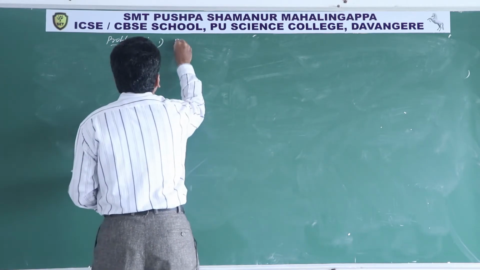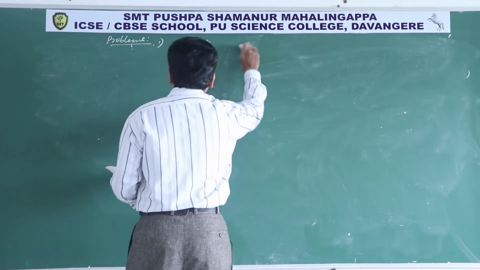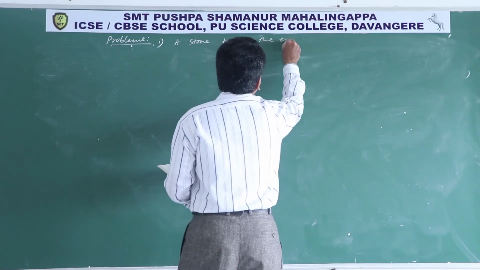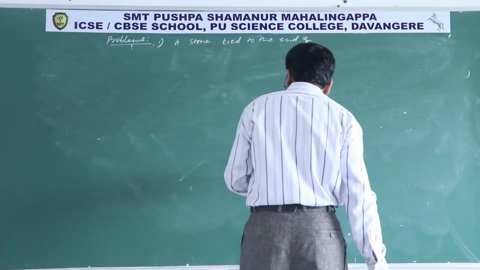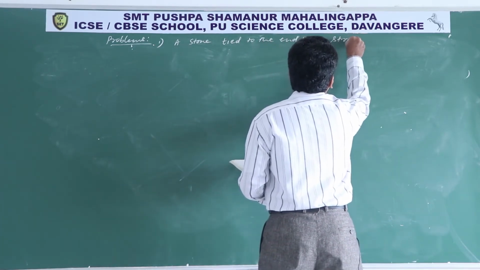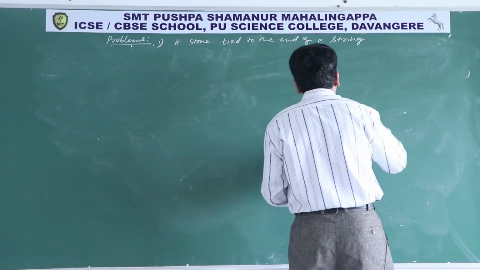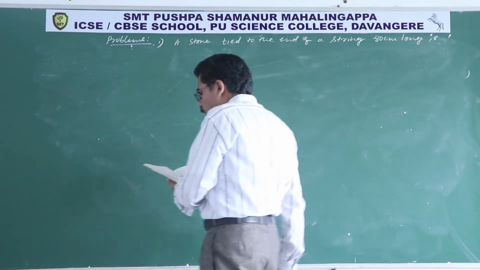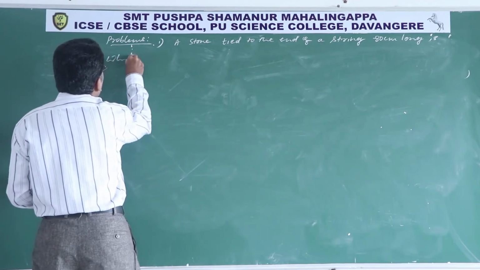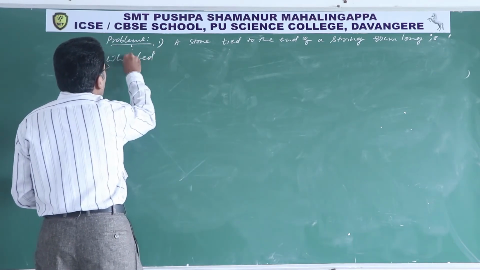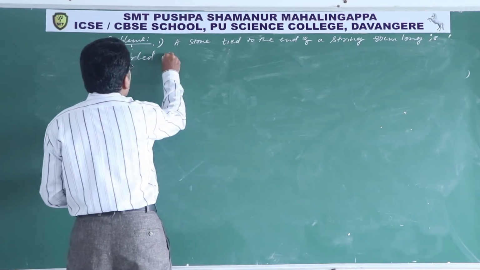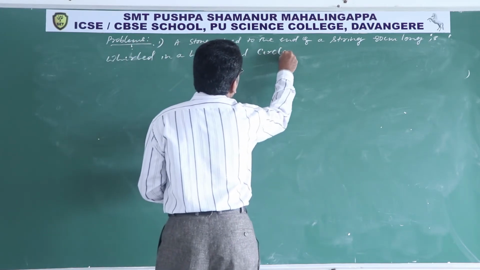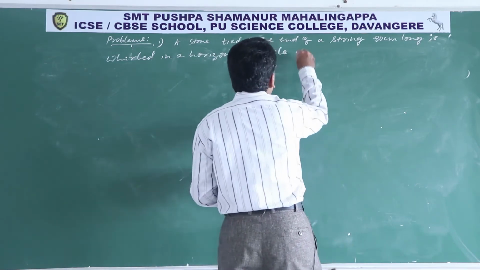A stone tied to the end of a string 80 centimeter long is whirled in a horizontal circle with a constant speed.